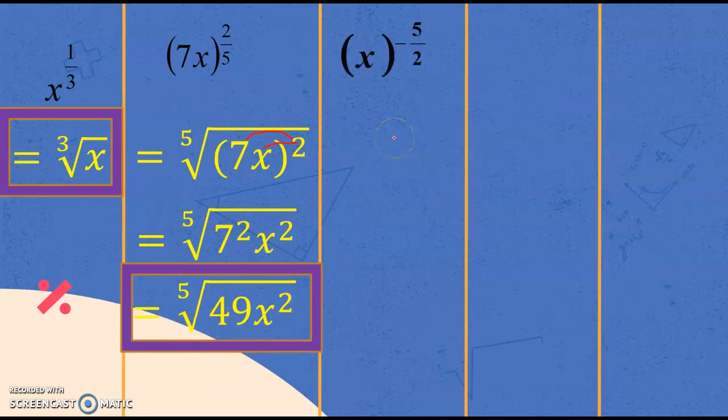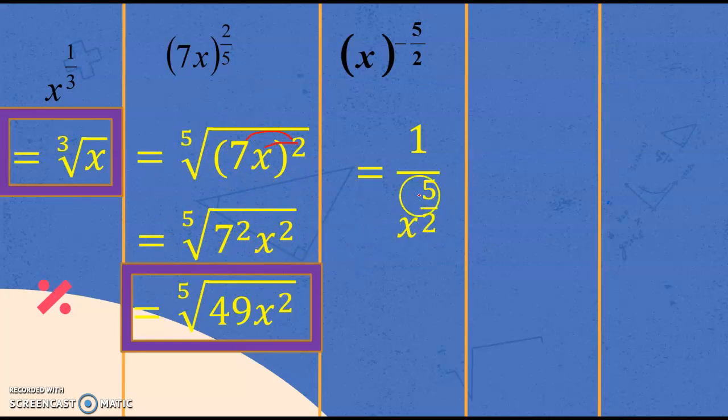Next example, x to the power of negative 5/2. When you encounter a negative exponent again, we need to use the negative law of exponent, make it positive first before we put it into radical form. So put it in the denominator, make it positive, and then we apply the process we applied here.